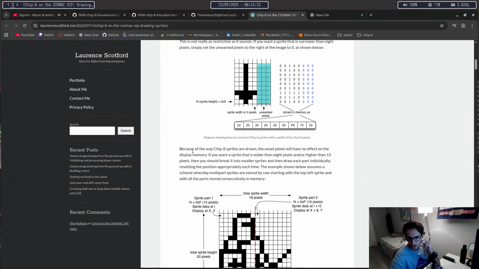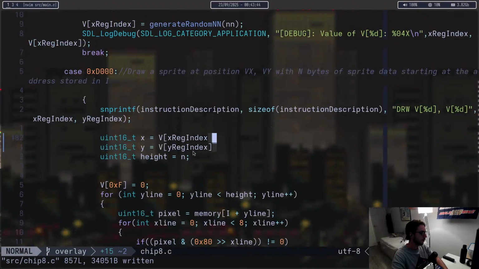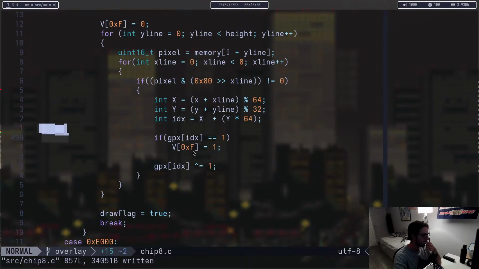Okay. For every time in the sprite data that a pixel is to be turned on, then I wrap my X and Y. I only draw the pixel if it's within bounds. Okay. So wait, for every time in the sprite data that a pixel is to be turned on.